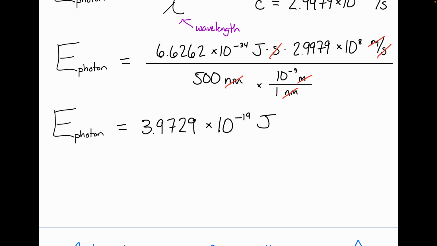Why is that so tiny? Because it is literally the energy of just a single photon. All right, so what we just calculated here is joules of a single photon with lambda equal to 500 nanometers.